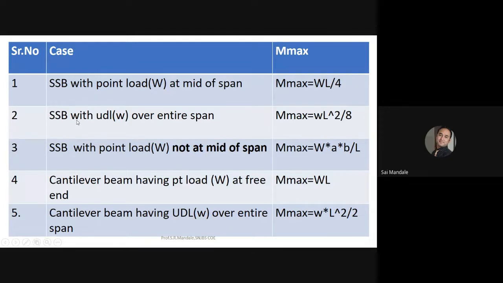For a simply supported beam with a UDL over its entire span, the maximum moment is WL square by 8, and so on. So this is the standard case. Please take a screenshot of this slide or note it however you want, but keep it with you. This is very important for MCQs and from the examination point of view.